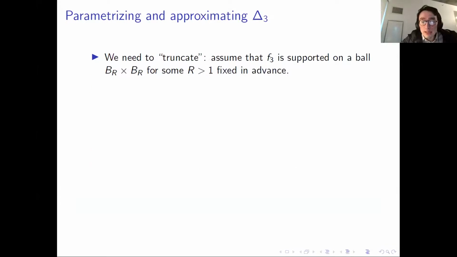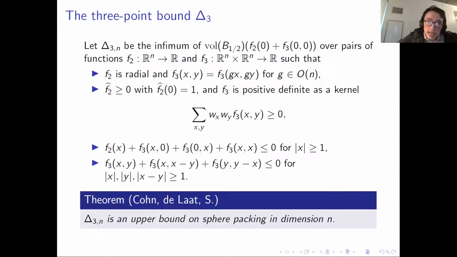So we'll want to talk about how do we actually approximate this, how do we approximate delta 3 now? How do we actually construct feasible solutions? So this last condition on F3 xy is actually pretty difficult.